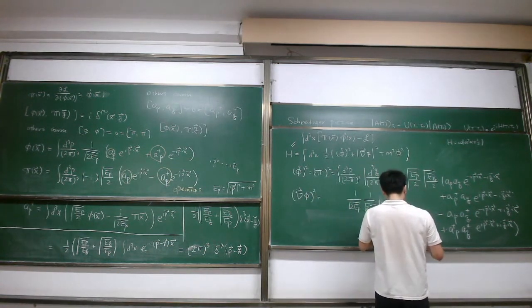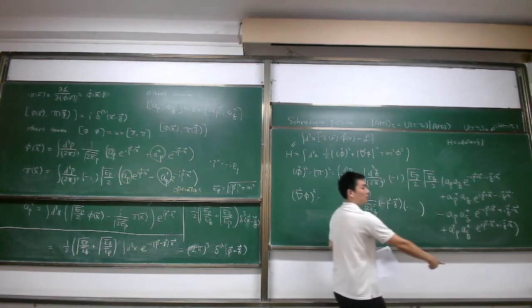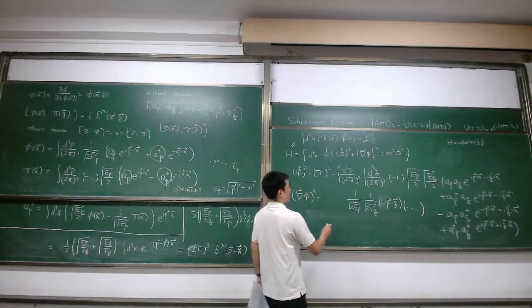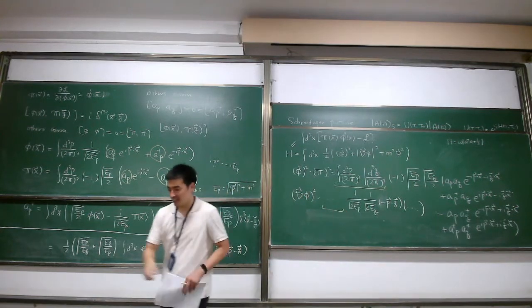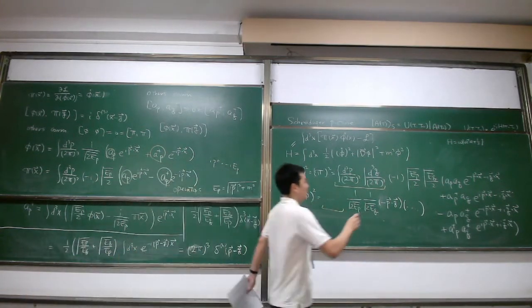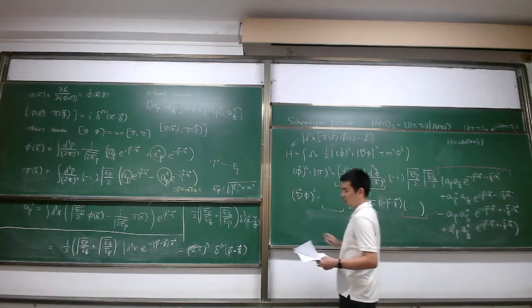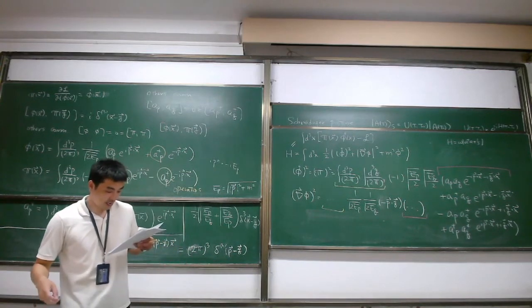And then the same term as here, so this part is this part, and this part is this part, and so on. You have to do this kind of computation.